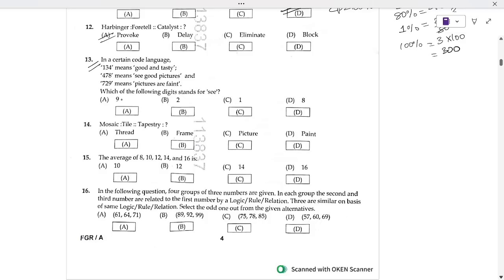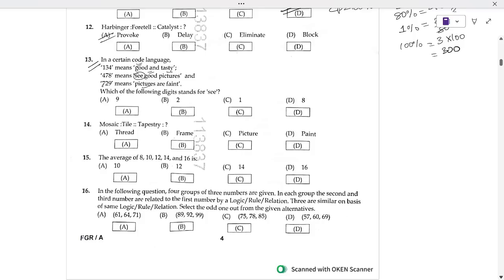Okay, the question is: which of the following digits stands for C? C is see. Now here, good pictures have C. So good and tasty, see good pictures. If 7 is given, look at the numbers above, 4, 7, 8.